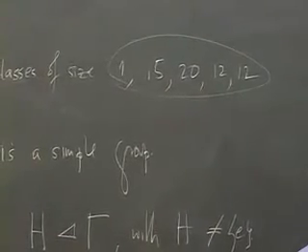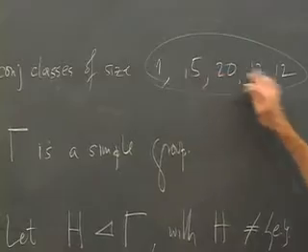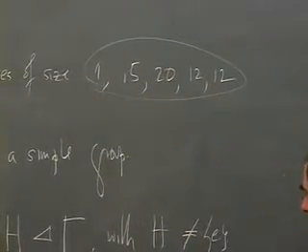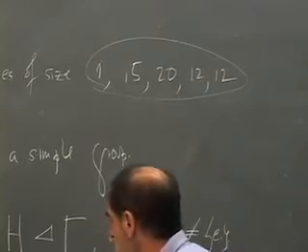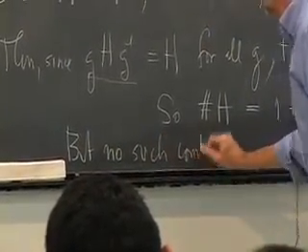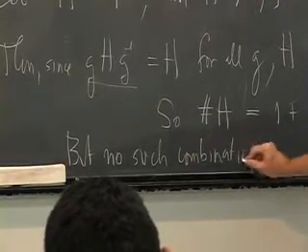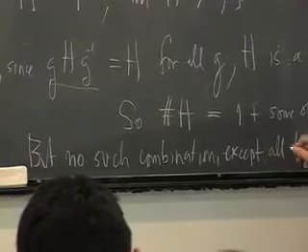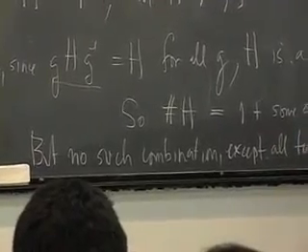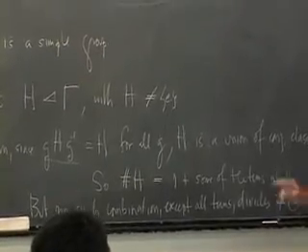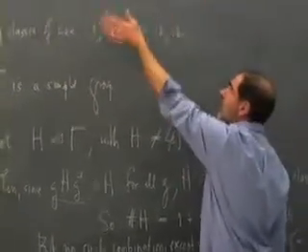But, and here's the kicker, no combination of these terms, except for all of them, divides 60. Except all terms divides the order of G. You can't select the subset and add up to something.